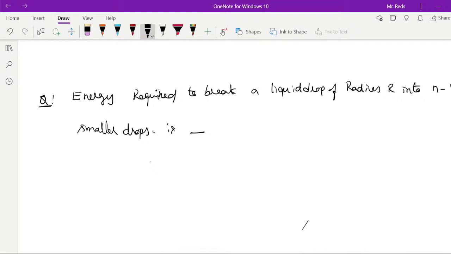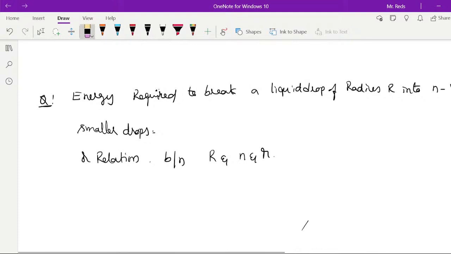Here we come across a relation between capital R, n and small r, each of radius small r.